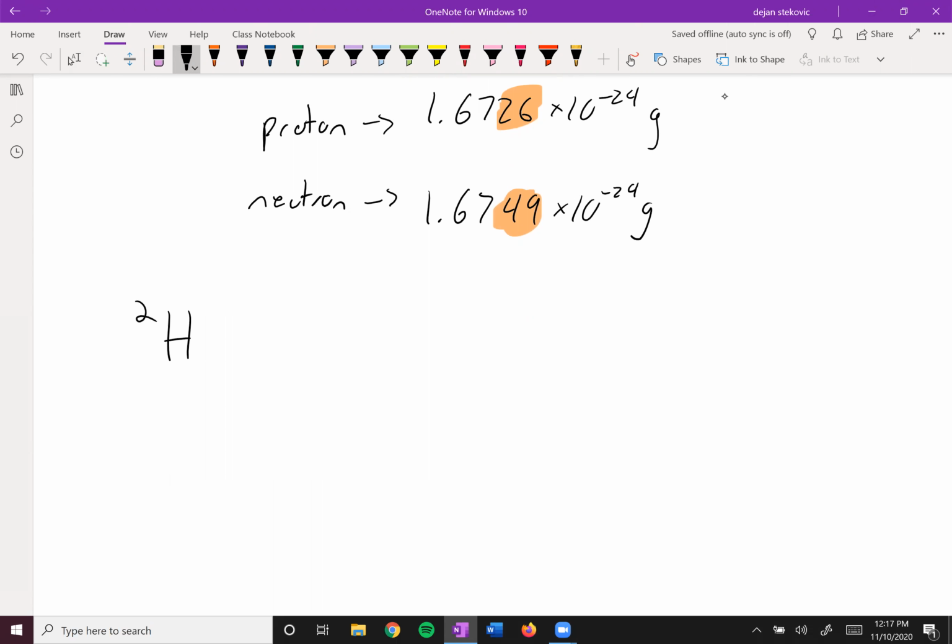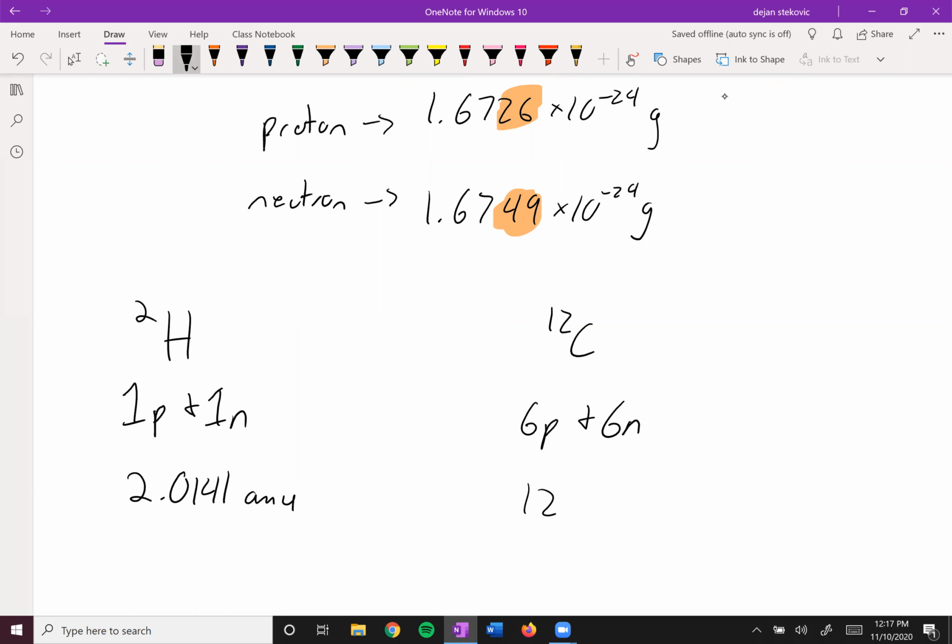If we think about deuterium, it has one proton and one neutron, and it weighs 2.0141 AMU. And then if you take a look at a carbon 12 atom, it has 6 protons and 6 neutrons, and this weighs exactly 12.0000 AMUs.